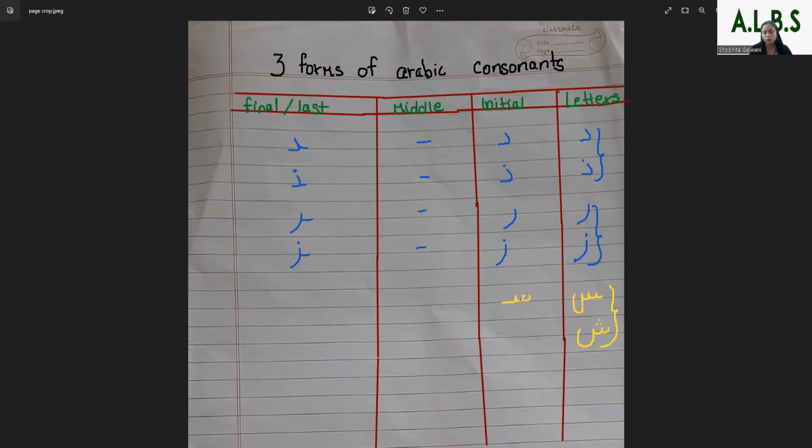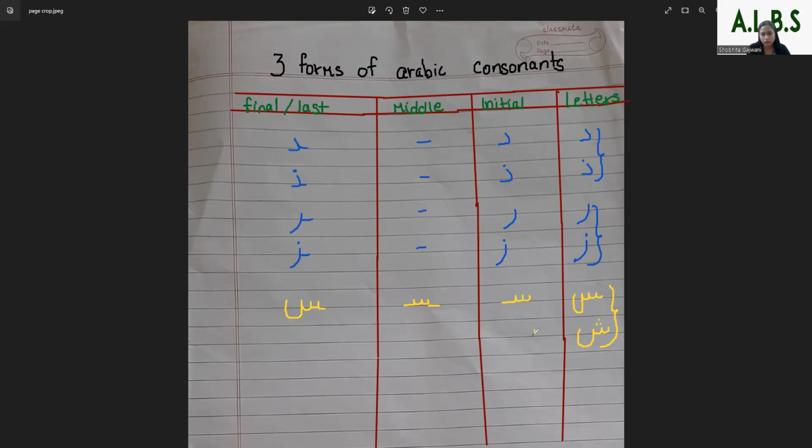This is the form that we draw in the initial form. Just we need to place small w. Here, small w, but it has the tails on either sides. And in the final form, it is the letter itself, but it has a tail.